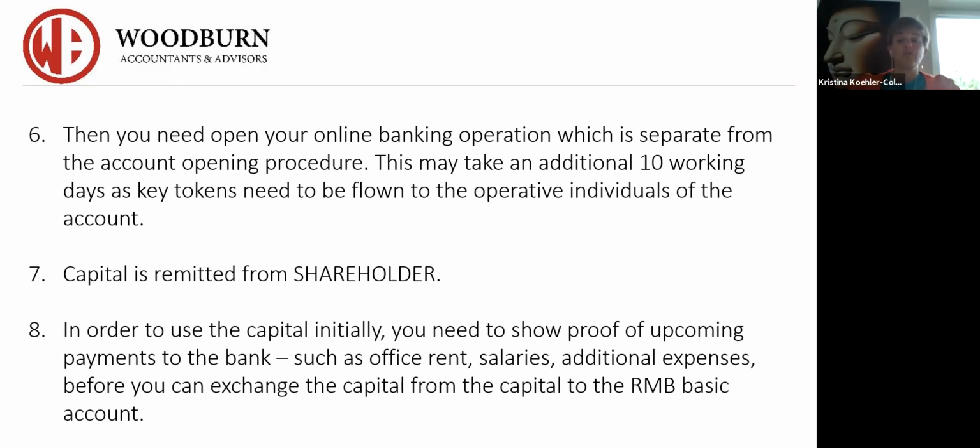You do need key tools to be able to log in. You will have passwords that are being generated. Generally speaking, with the Chinese banks, you get two key tools, one that is operated by your cashier, and the other which is operated by the authorizer of the account, okay, who will make approvals on all transfers that are going to be made.